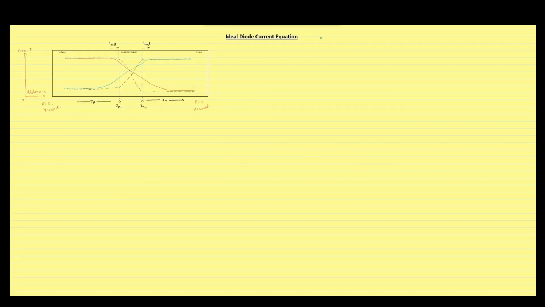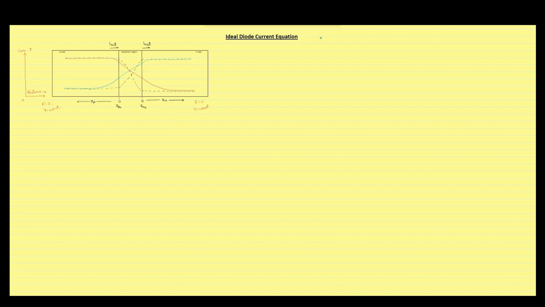There are two possibilities of current. One is the drift current, which is caused by the generation of electron-hole pairs near the depletion region, and due to their close proximity to the depletion region, they are driven across it under the influence of the electric field. Another current component is caused by the diffusion of majority carriers and hence is referred to as diffusion current.